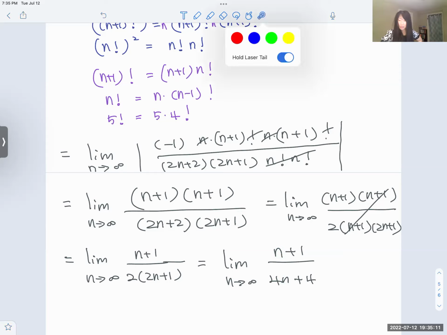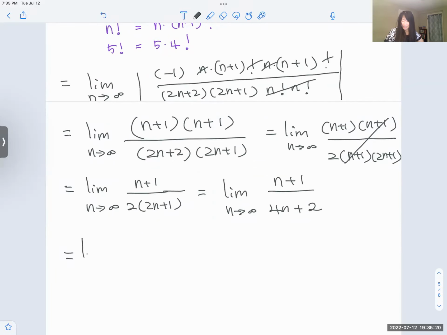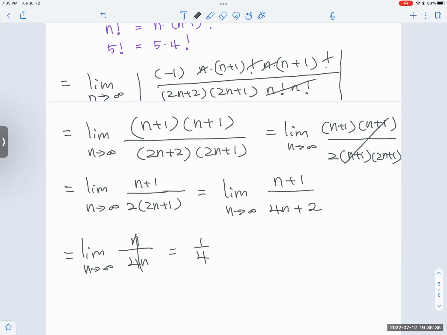I'm sorry, 2. Yeah, thank you. All right, this is better, because anyway we have to multiply out. If you cannot see it right away, how about this? 1/4. Now you can see.